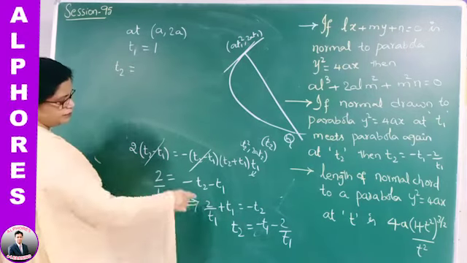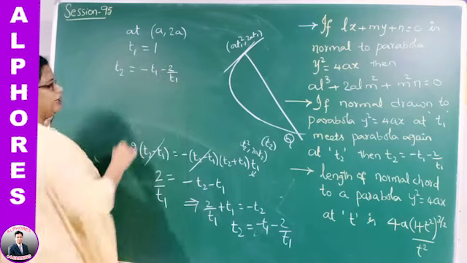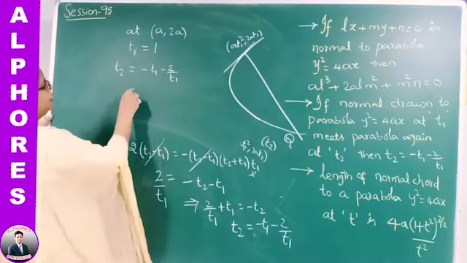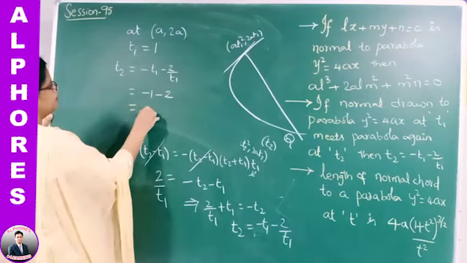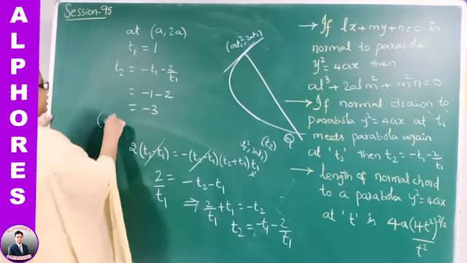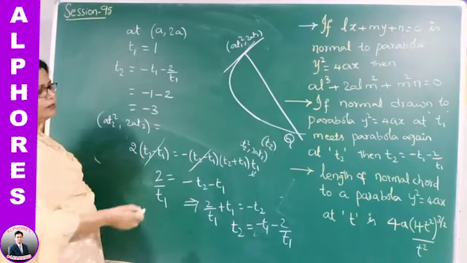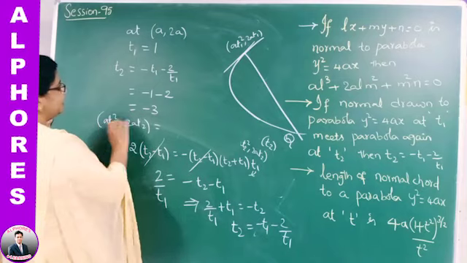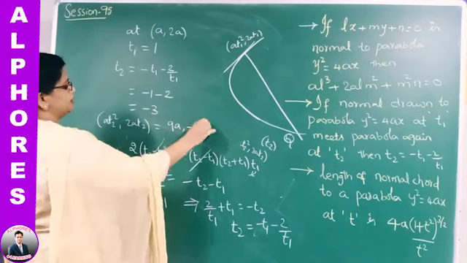Now what is the T2 value? We observed the formula, it is minus T1 minus 2 divided by T1. That implies minus 1 minus 2 divided by 1, that is minus 3. Understand? Now, what is aT2 square comma 2aT2? Because this is the point on the parabola. So this is 9a comma minus 6a.